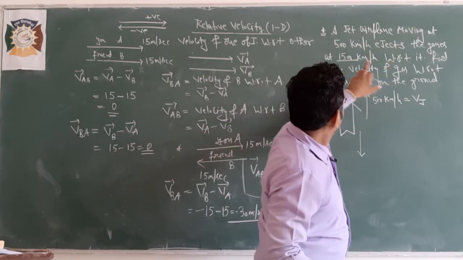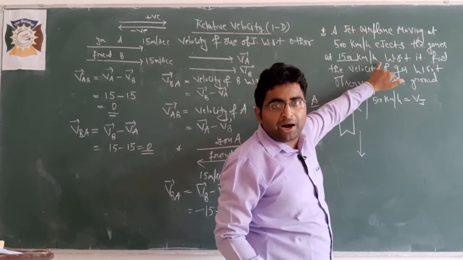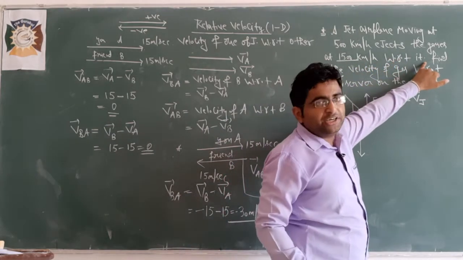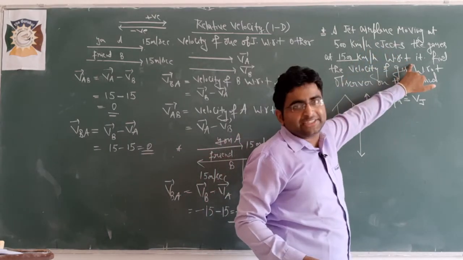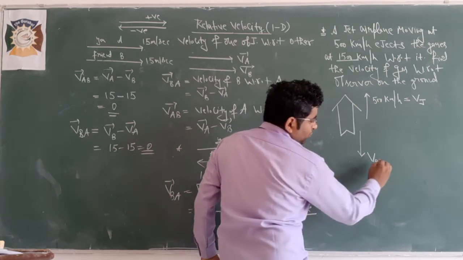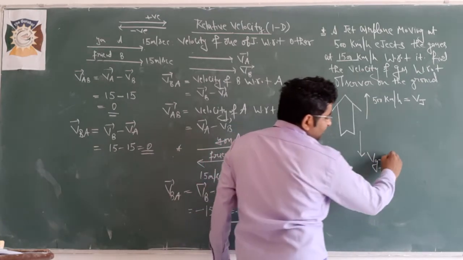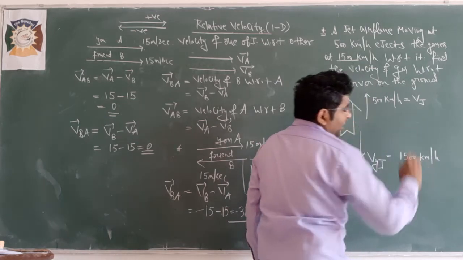How? Ejects the gases at 1500 km per hour with respect to it. It means it is a velocity of gases with respect to jet. So beta, velocity of gases with respect to jet is given as 1500 km per hour.